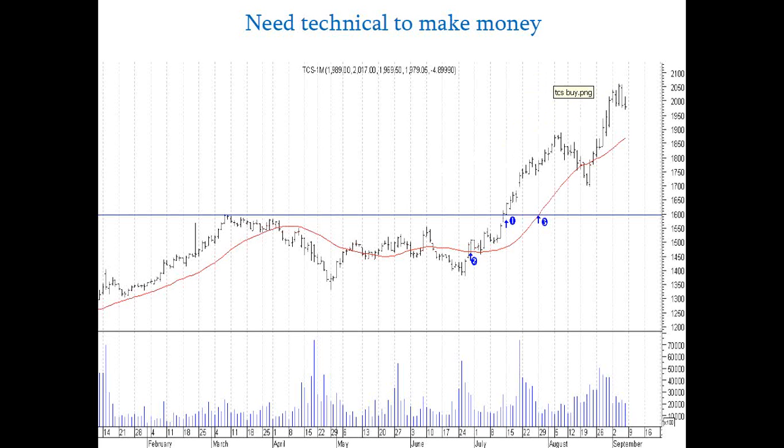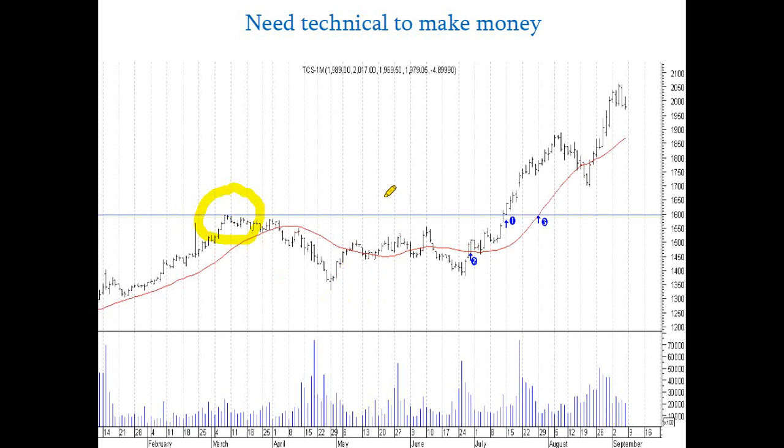As you can see, this is the slide which explains how technical analysis works. Now, as you can see, I have highlighted a price point. This particular counter has found a resistance at this price point.